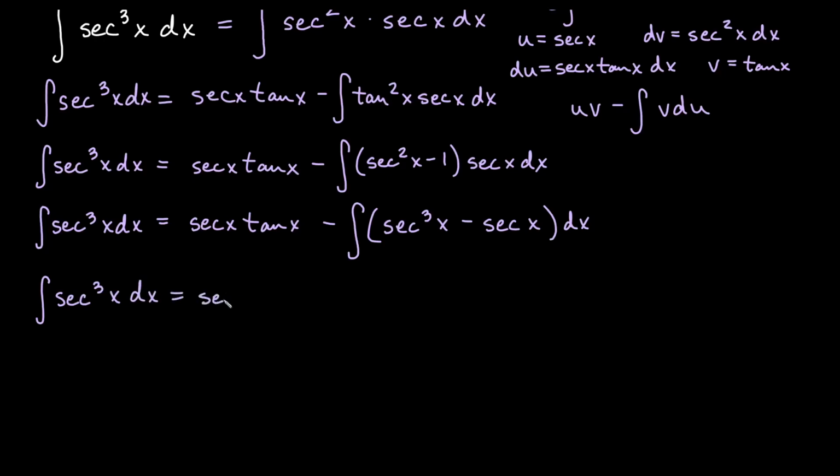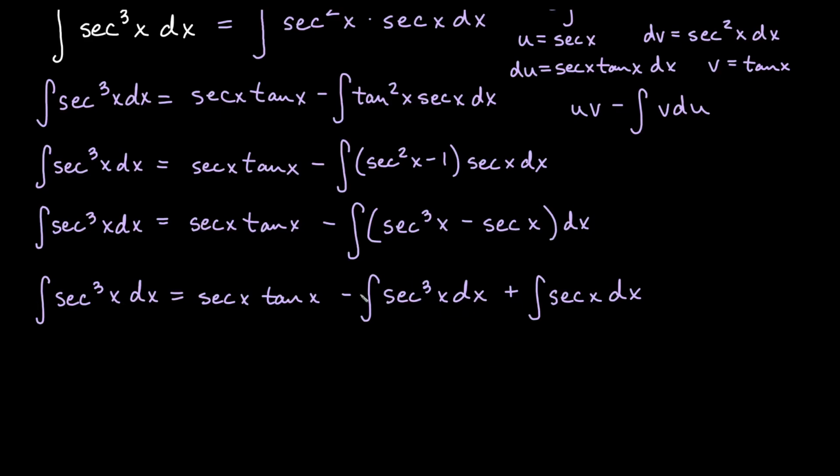So we have secant x tan x minus the integral of secant cubed x dx, minus, I have a negative here, so that would actually be plus the integral of secant x dx. A couple of things happen here.